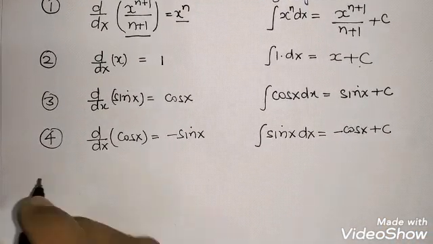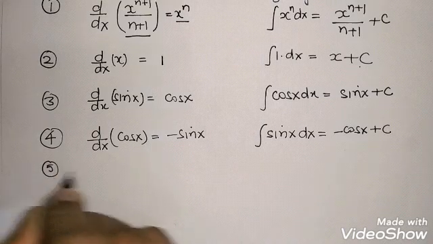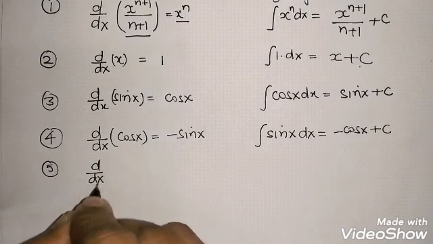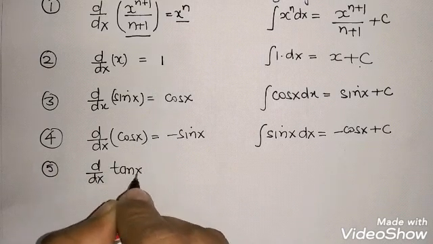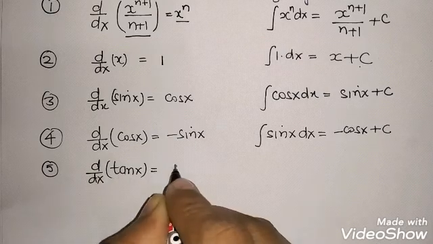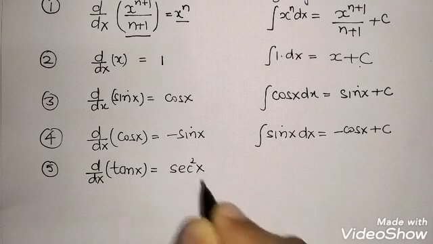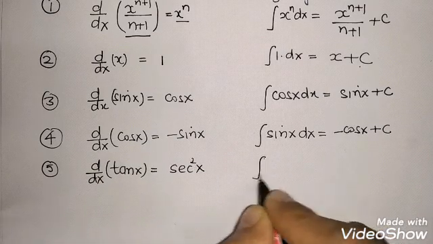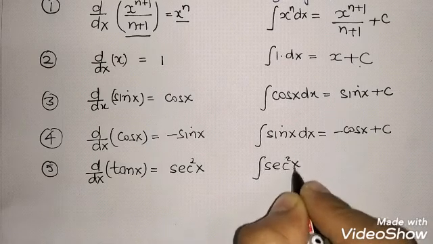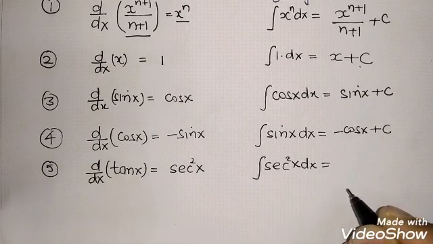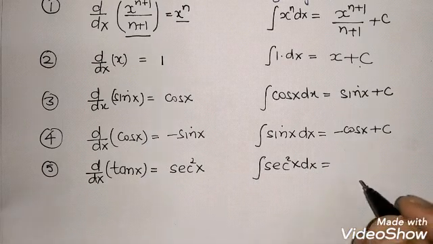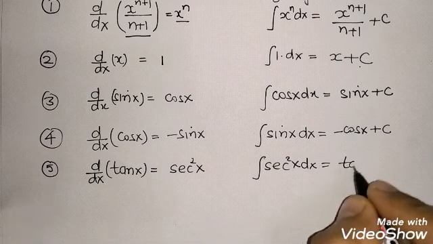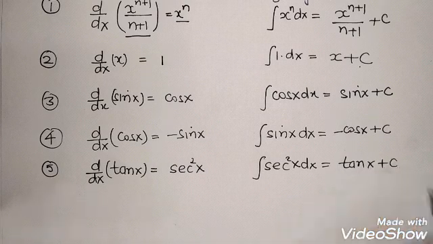Then moving further towards the third trigonometric function, that is tan x. The derivative of tan x is secant square x. So integration of secant square x dx is equal to tan x plus c.